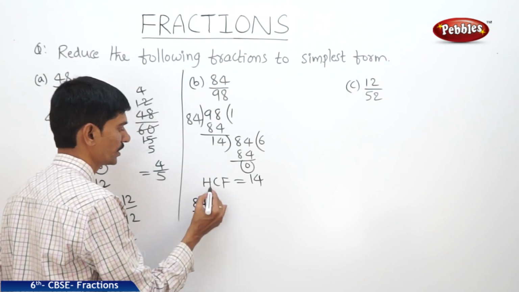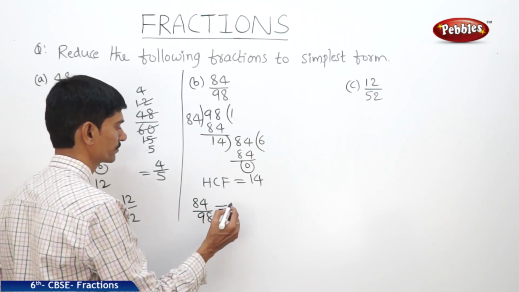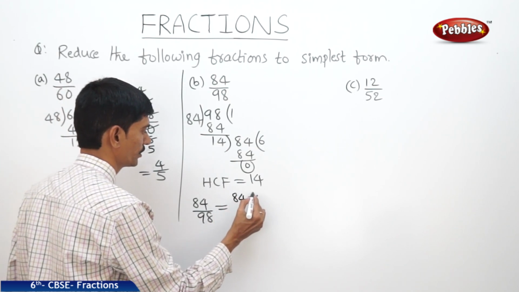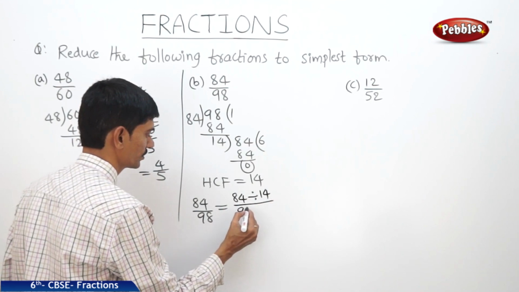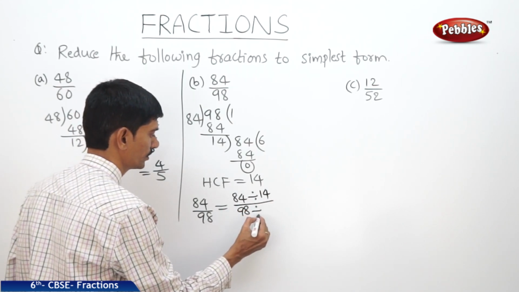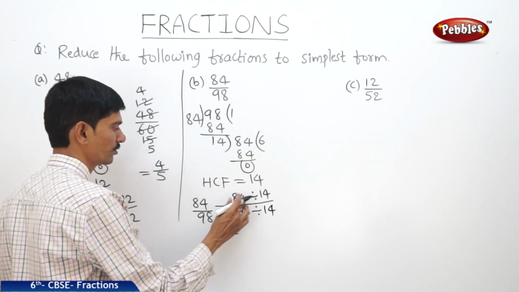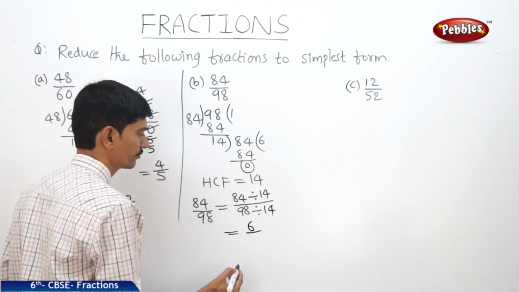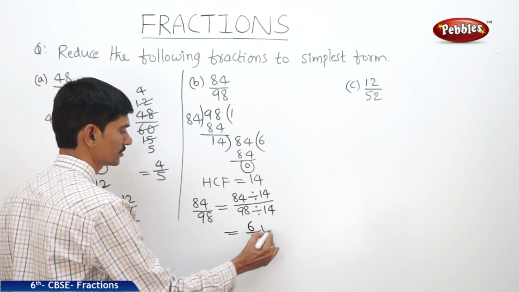Now here also 84 by 98. So both numerator and denominator are divided by the HCF. So then 84 divided by 14 by 98 divided by 14. So 84 by 14 is 6 and 98 by 14 is 7. So the equivalent fraction is 6 by 7.